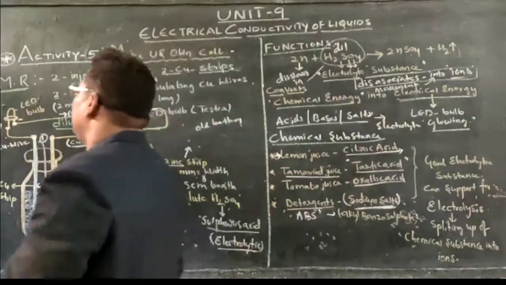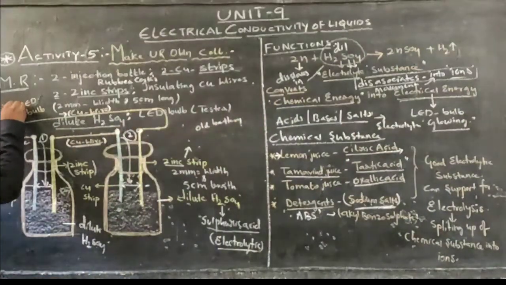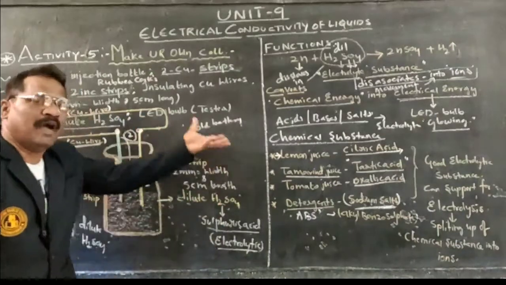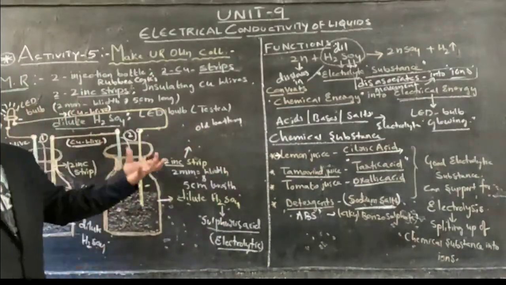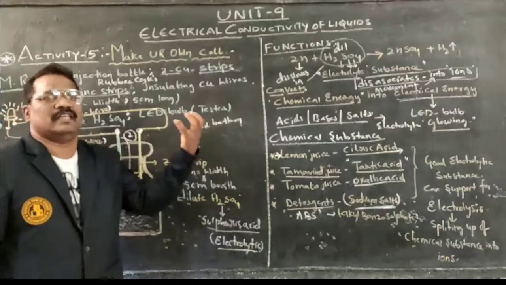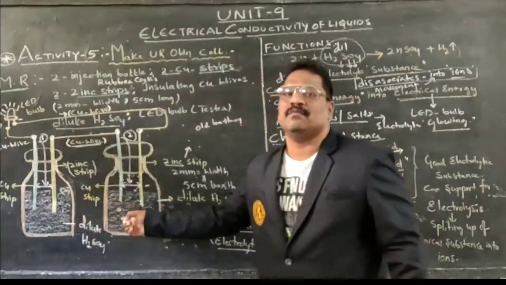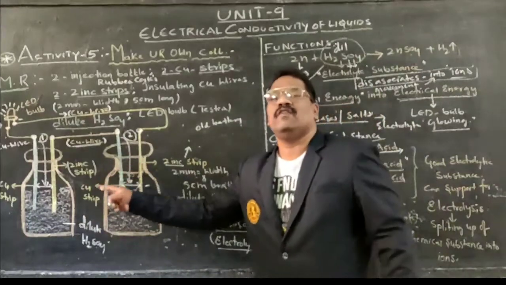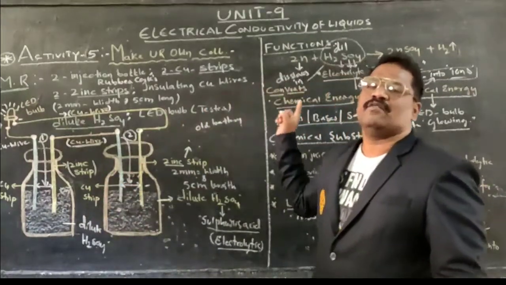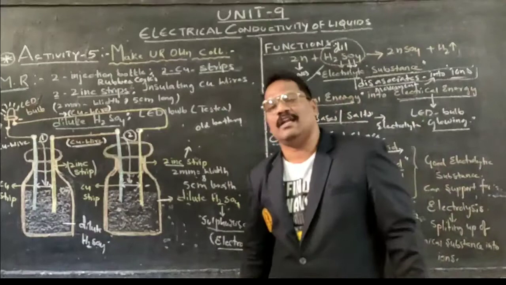That electrical energy allows this bulb to glow. As the bulb is glowing, we can justify that the cell we have prepared is nothing but what? It is a cell in which chemical energy is converting into electrical energy.